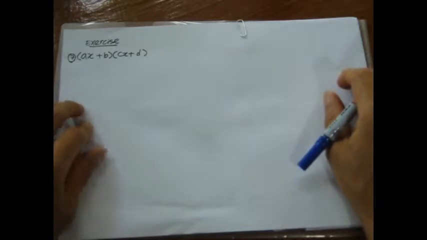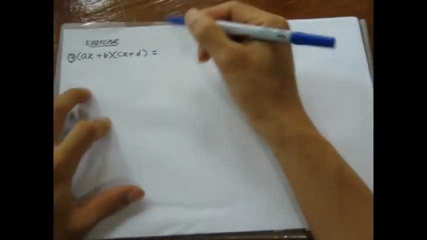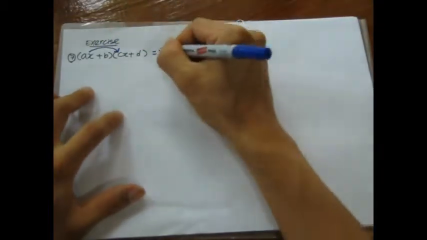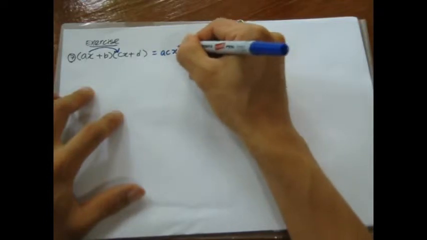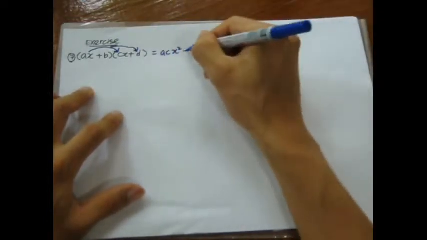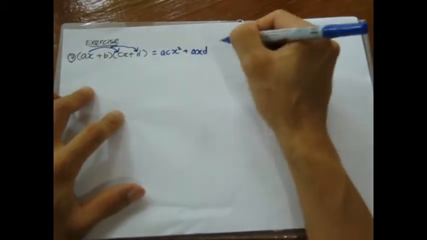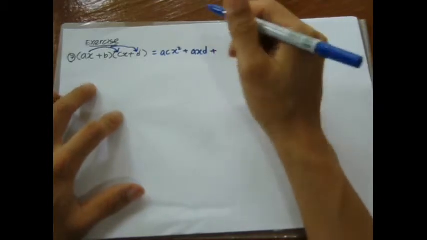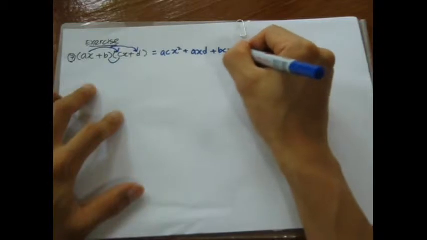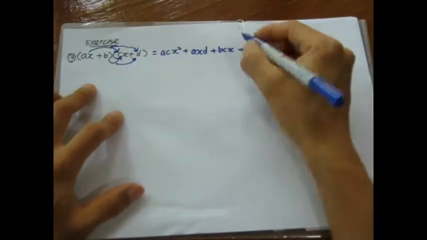Okay, we're going to first do it algebraically. First is Ax times Cx, so that becomes AC x squared. Then Ax times D becomes ADx, plus B times Cx, BCx, plus B times D, BD.